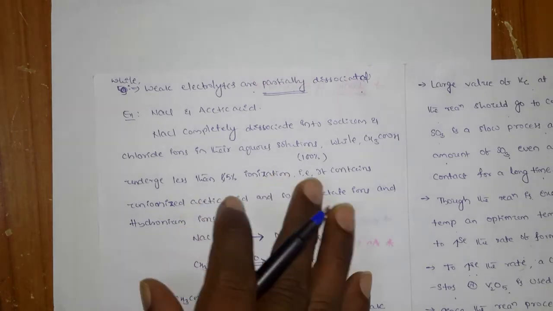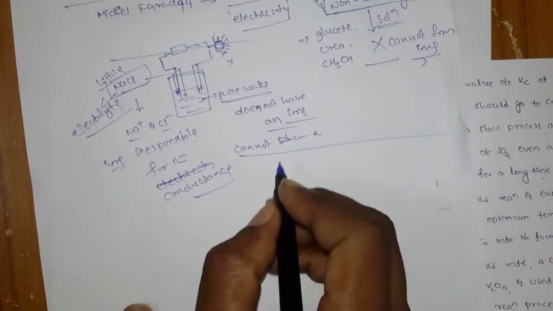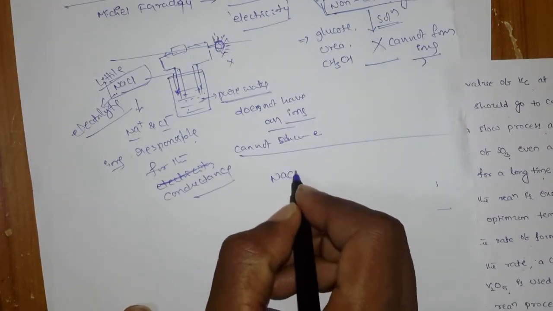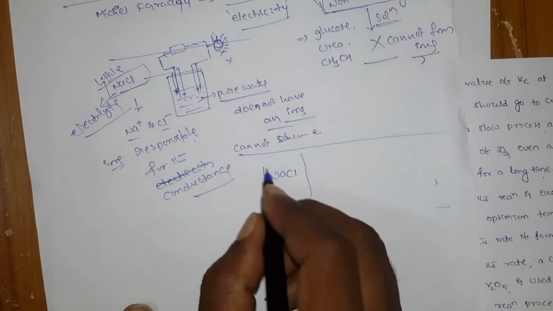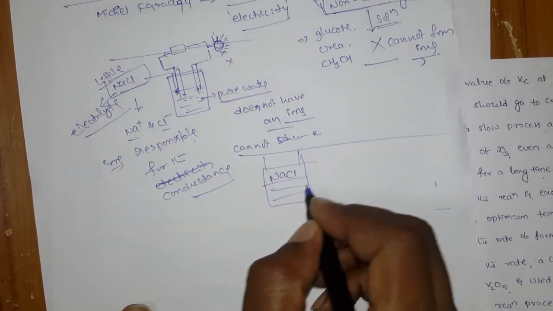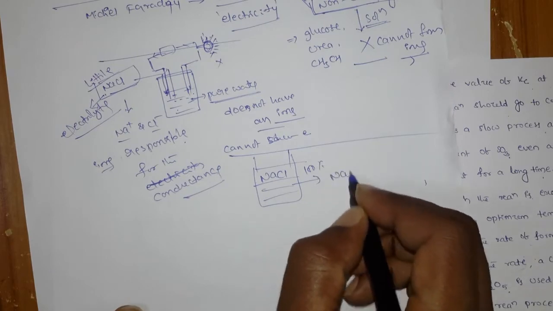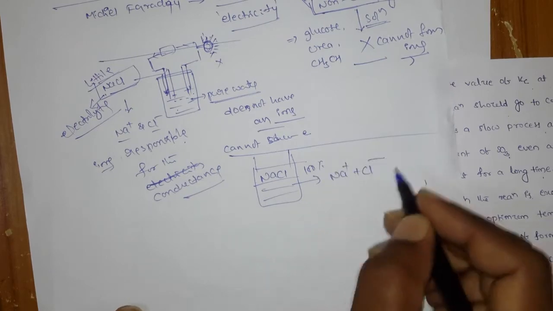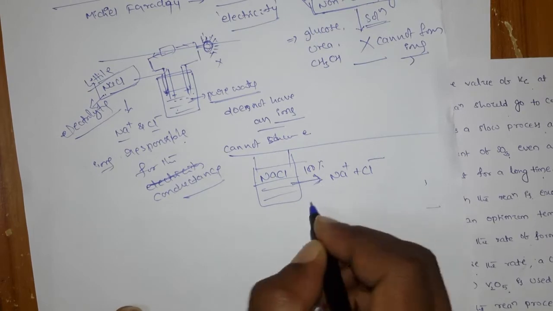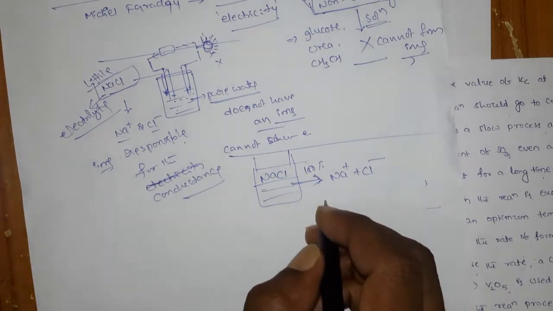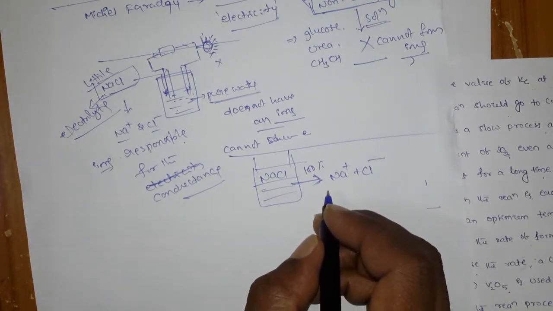Let us take sodium chloride as an example. When you dissolve sodium chloride in water, what will happen? It is almost 100% converted into Na+ and Cl-, so it is one direction only.